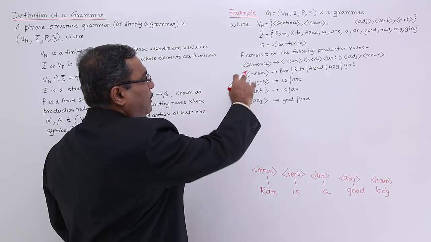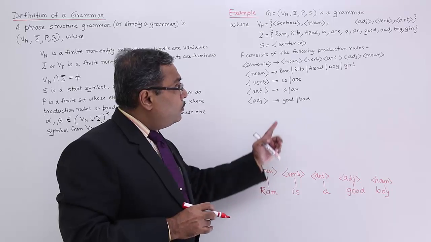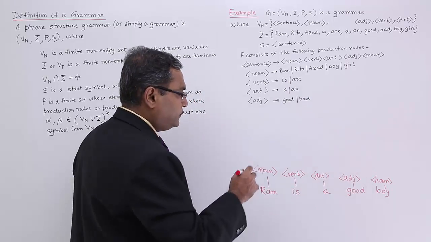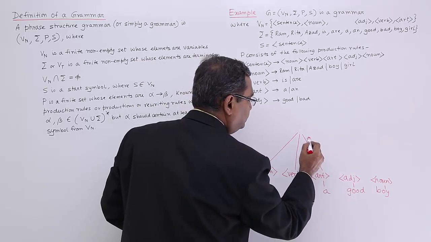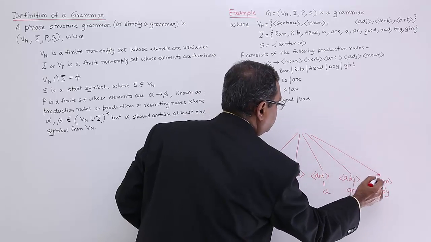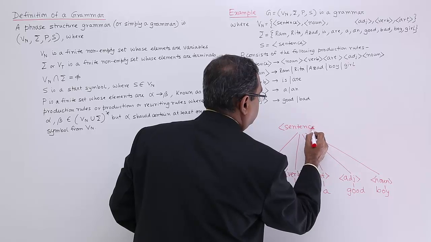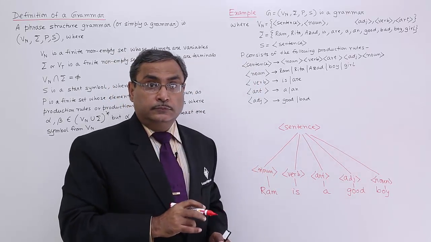Now we have one production rule: sentence can produce noun, verb, article, adjective, noun. So I can write this one. What is happening?